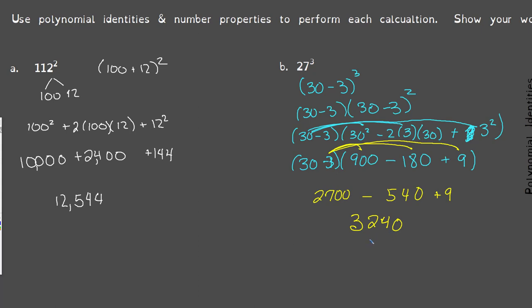Okay, so that gives us all the 3's being multiplied in. Oops, this must be a 9. Now I'm going to do the same thing, but I'm going to go ahead and use my 30's.